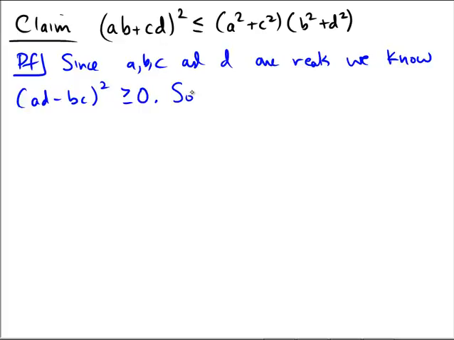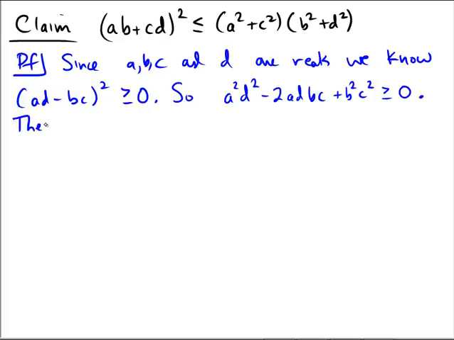So, what does that mean? Expansion would mean that A squared D squared minus 2ADBC plus B squared C squared would certainly be bigger than or equal to 0. And that's just by expanding, right? By multiplying out those two binomials.